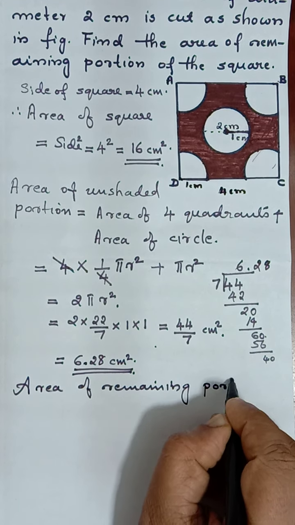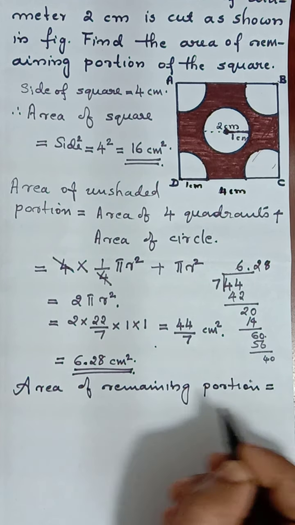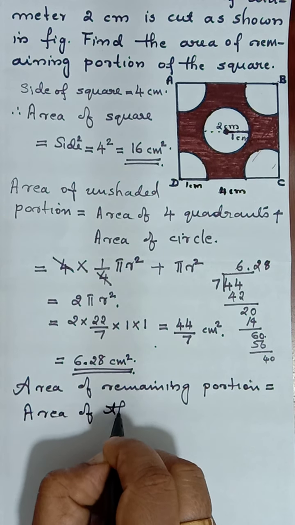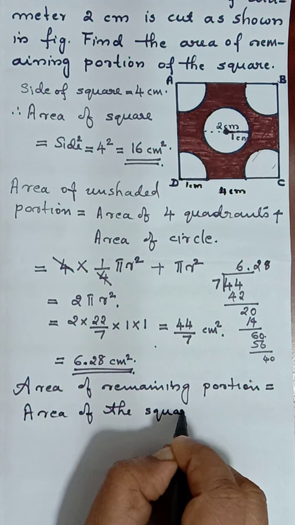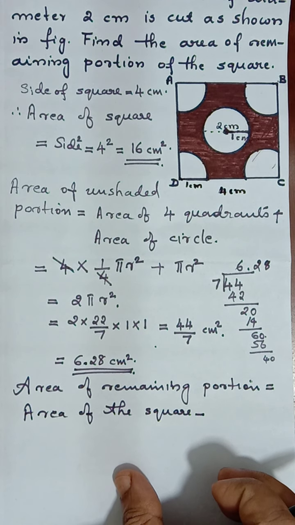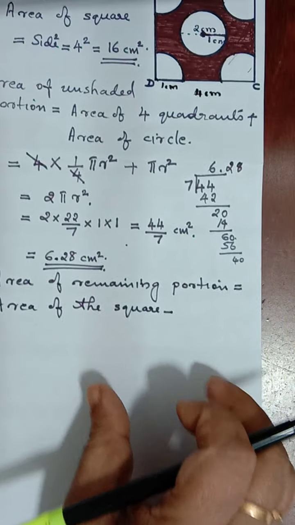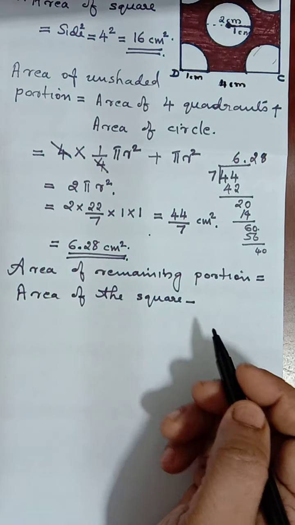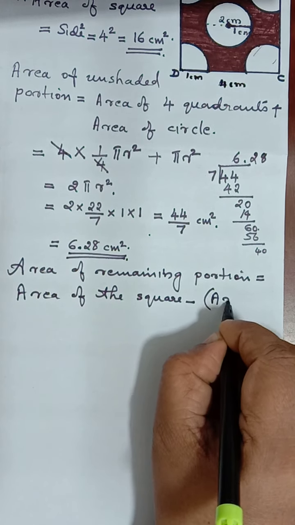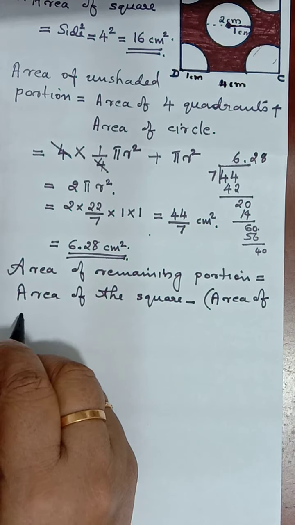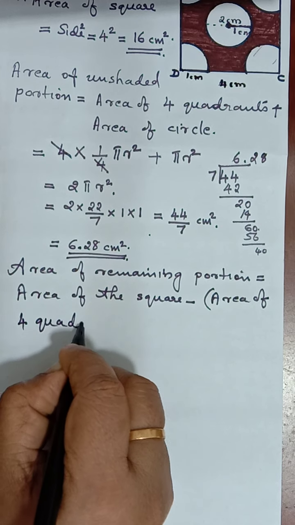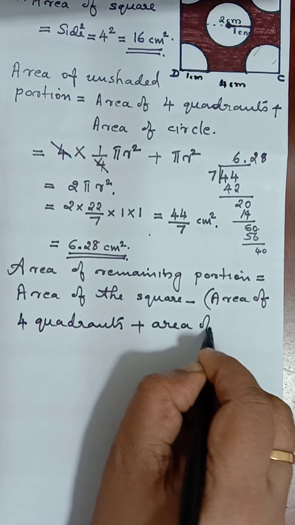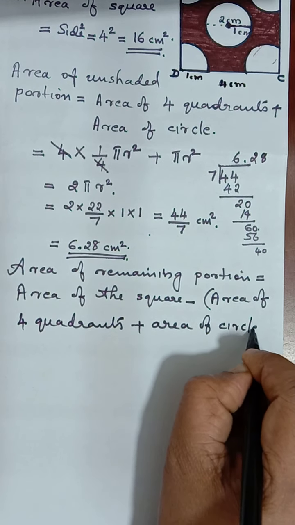Area of remaining portion is equal to area of the square minus the area of 4 quadrants plus area of circle.